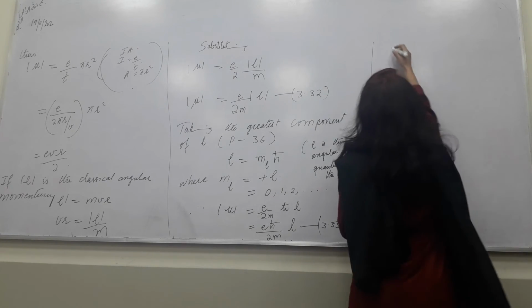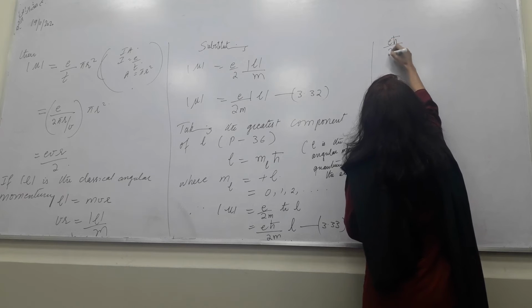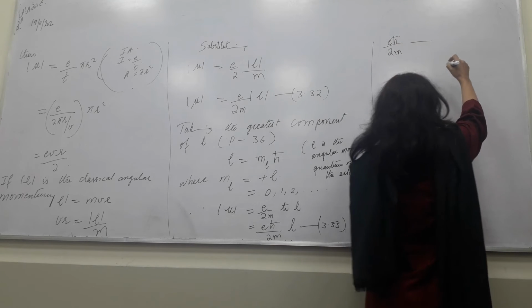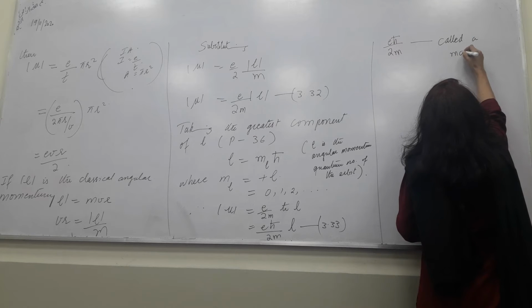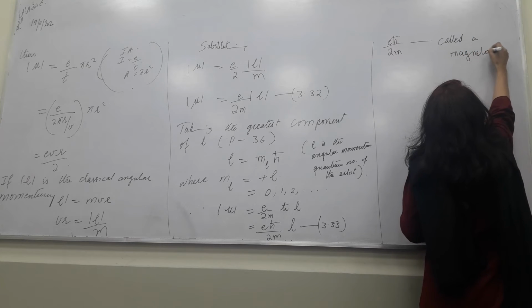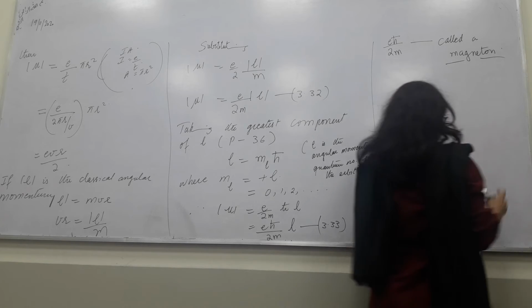And E h bar over 2m is called a magneton. So this is a term.